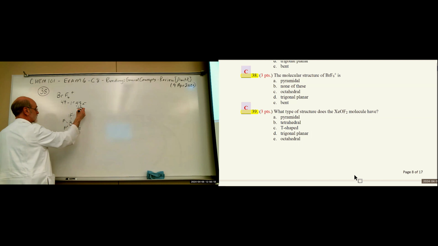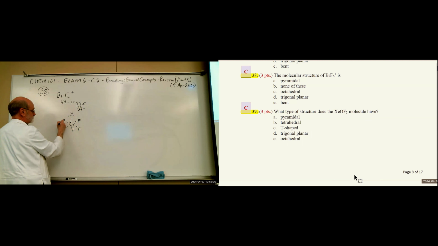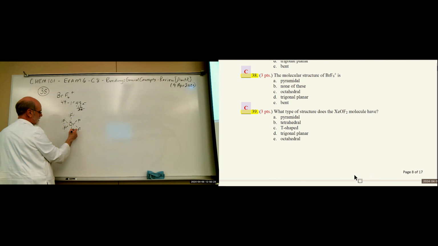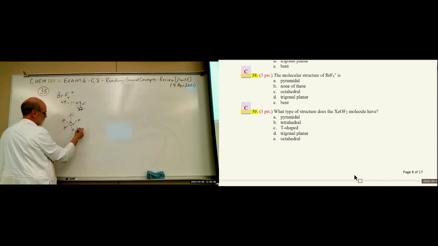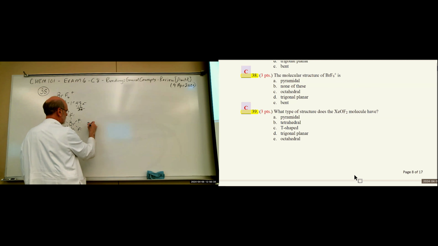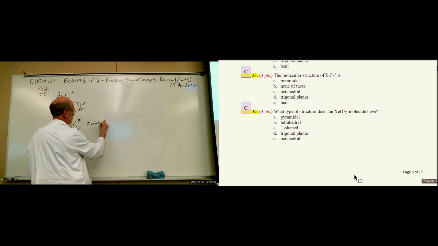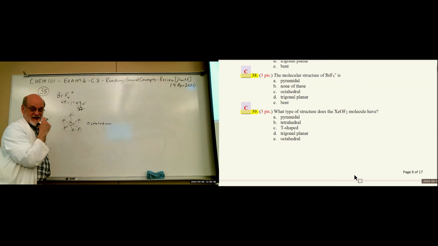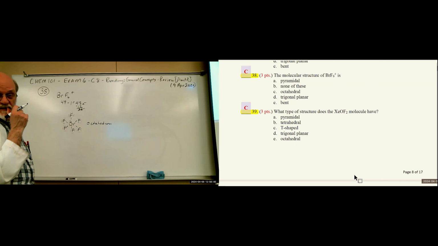Right? 6 times 6 is 36. So we used them up. So what's the regular structure for 6 groups? Octahedron. Right. That would be C.